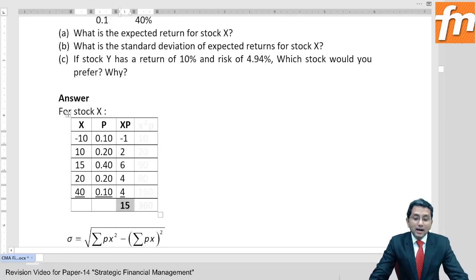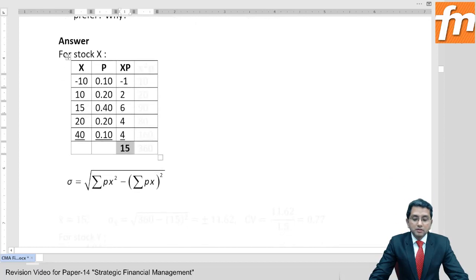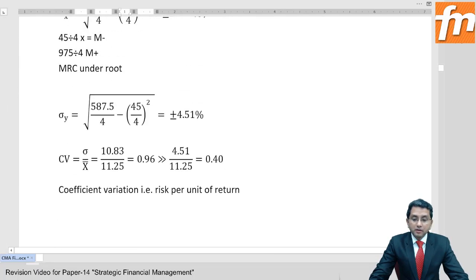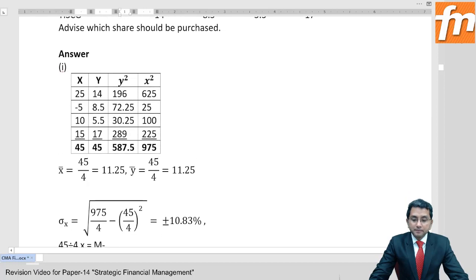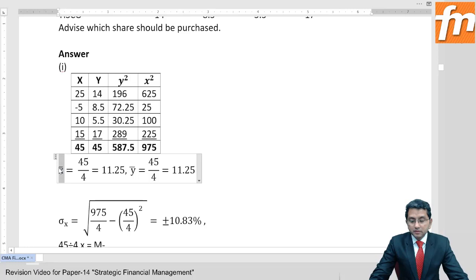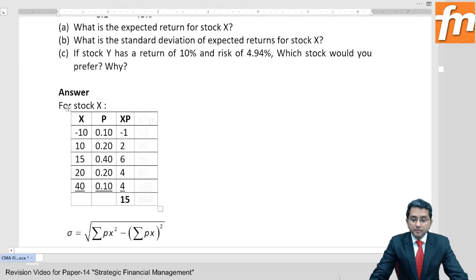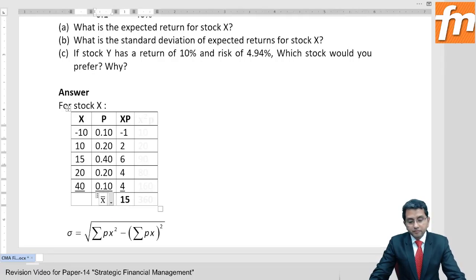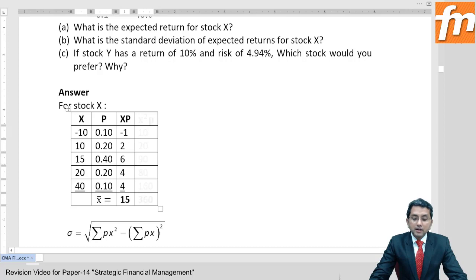This itself is X bar, because the formula for X bar is summation of Px. So mean of this series is 15%. Though the return is expected to fluctuate between -10% and +40%, on an average, this stock is expected to provide a return of 15%.